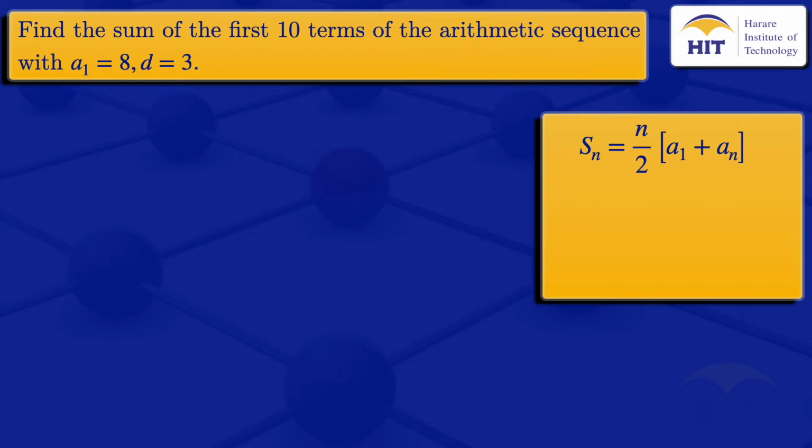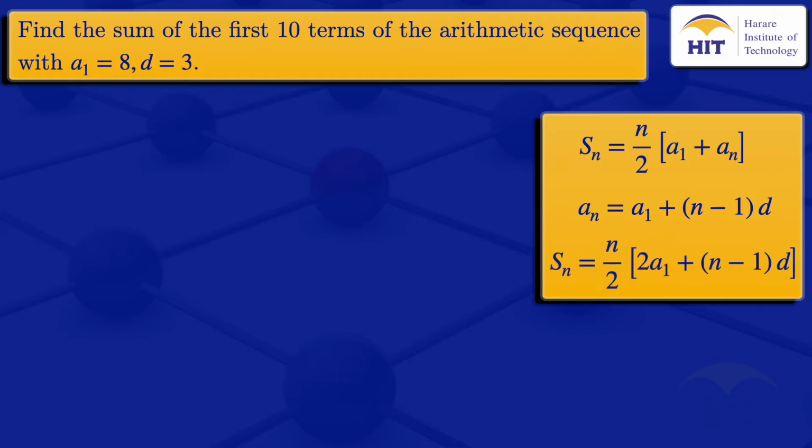The an is a1 plus n minus 1 times d. So if we substitute this an into Sn, we get an alternative formula: Sn equals n divided by 2 multiplied by 2a1 plus n minus 1 times d.